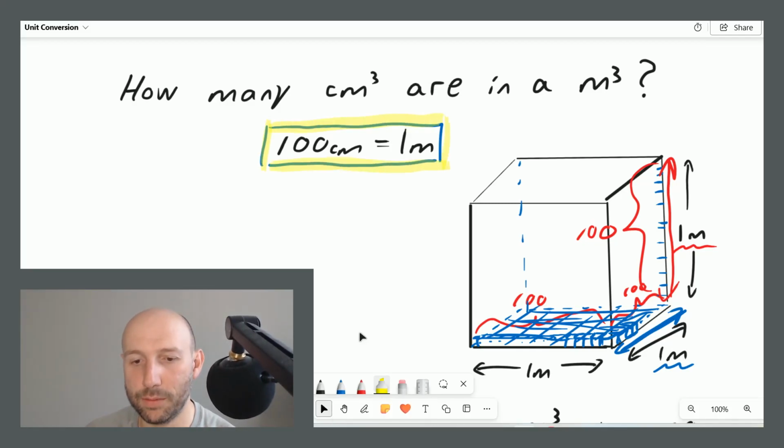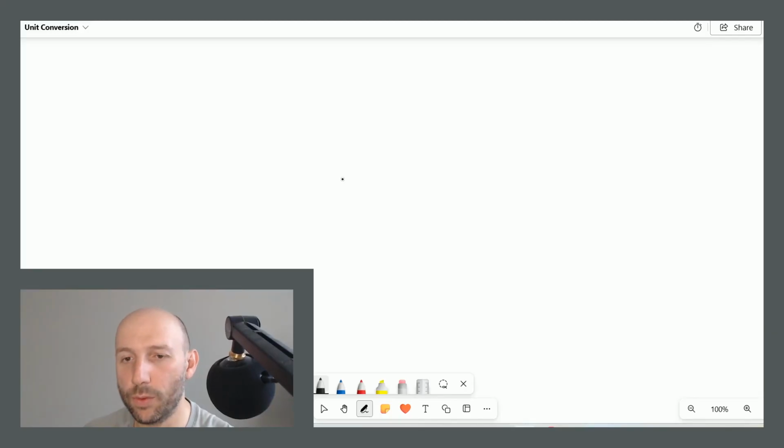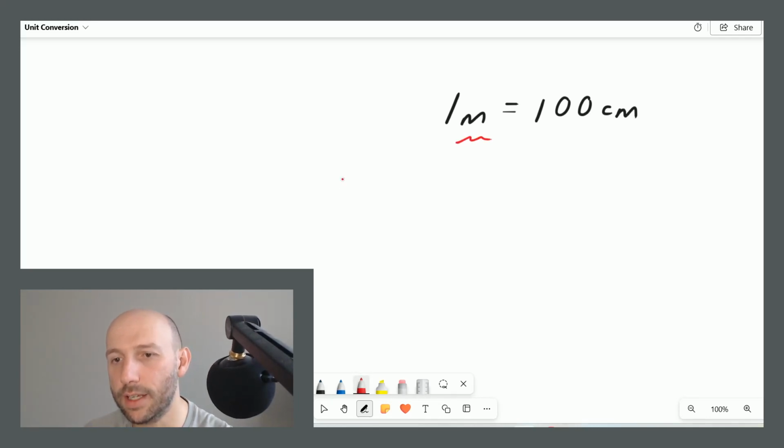And here's how. Keep in mind that when we write 1 meter equals 100 centimeters, the meters and the centimeters are not just labels. These are mathematical objects in this expression. 1 times a meter equals 100 times a centimeter. We can perform a mathematical operation on this expression. We can just cube both sides.